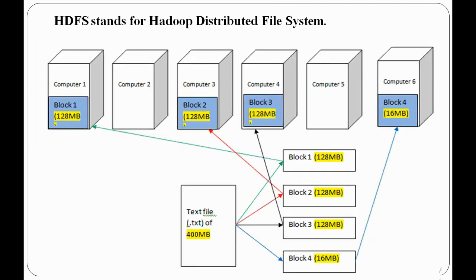So here HDFS is called in the name Hadoop Distributed File System. The term distributed is mainly comes with this concept what I am going to explain here. Suppose I want to store a file, a text file of size 400 MB. So in the last lecture video, I already explained about the file system.